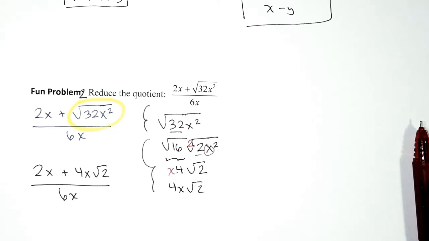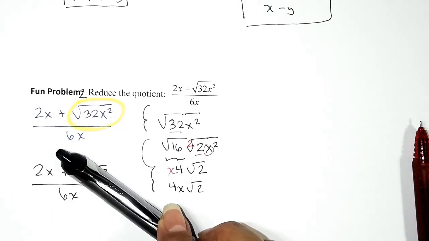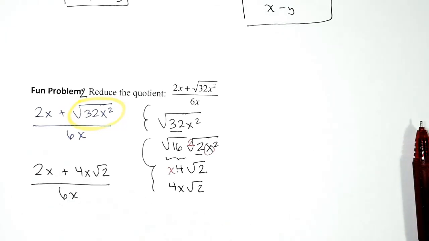I highly discourage using cross-canceling notation, because when students do, they tend to just cancel out the 2x and 6x and not actually reduce the fraction, which means not actually dividing the numerator and denominator by the same thing. So this is how we're going to do it. What can I reduce by? 2x, 4x square root of 2, and 6x all have a common factor of what?